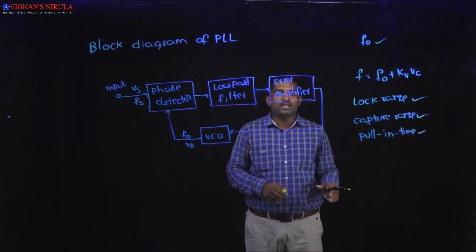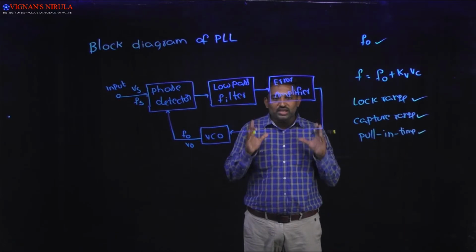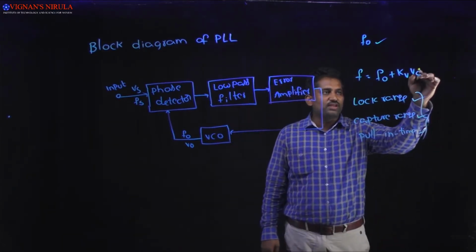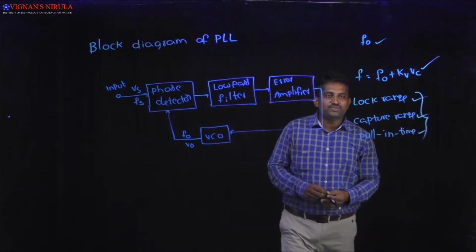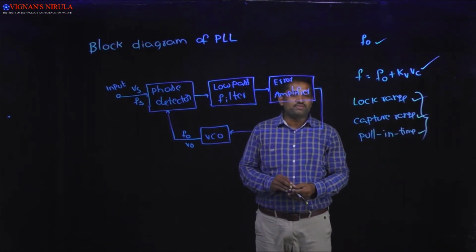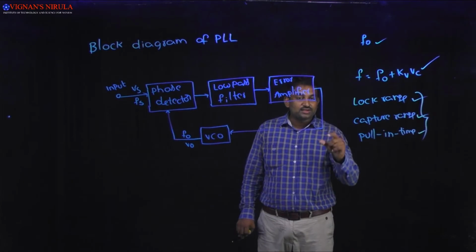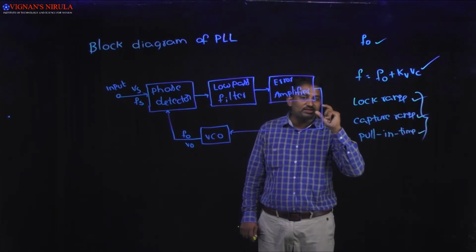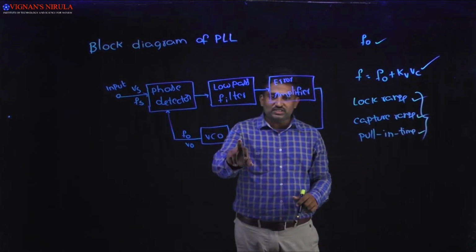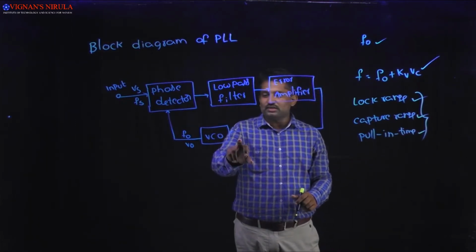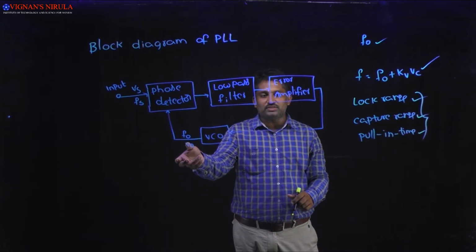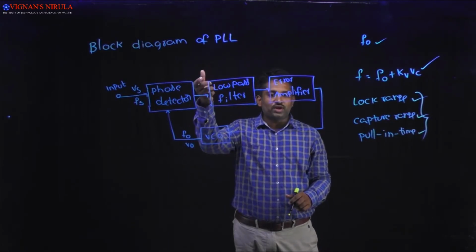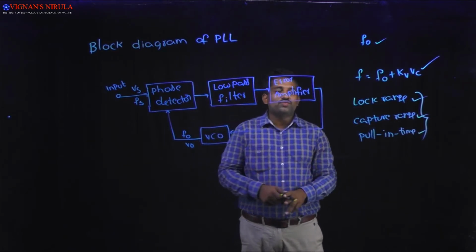Block diagram of PLL. Here you have to mainly concentrate on these three things, and one very important formula: F equals F naught plus KV into Vc. Whenever you apply a non-zero control voltage at the input of the VCO, it immediately shifts the output frequency from the center frequency F naught to F naught plus KV into Vc.